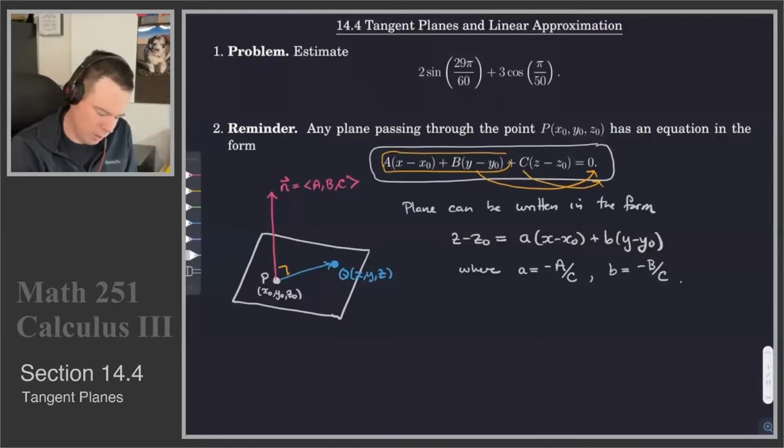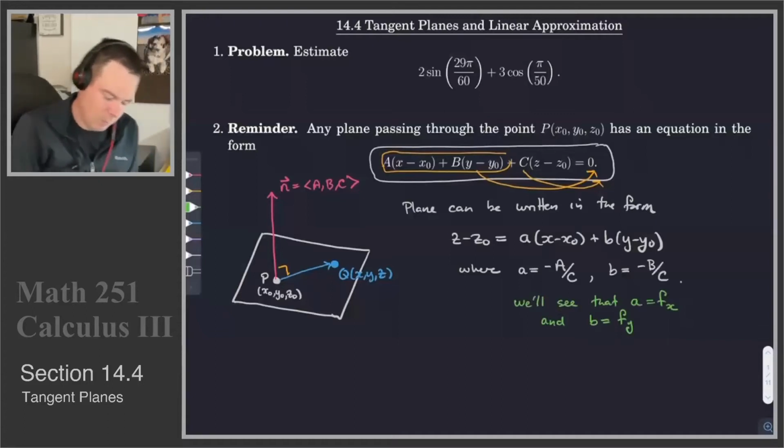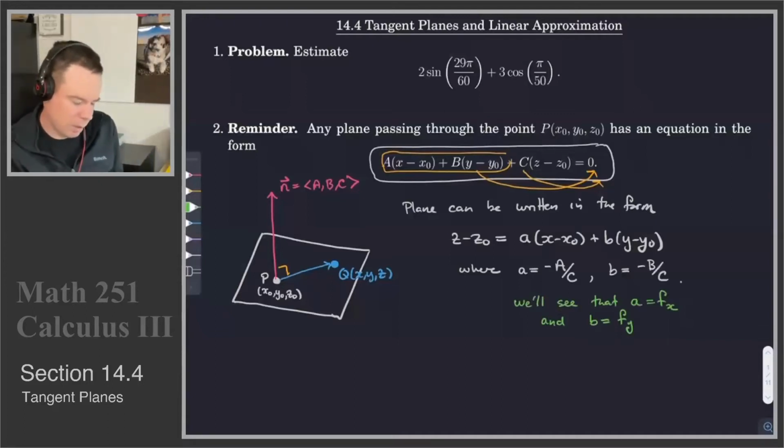We'll see that a is equal to the x partial derivative and b is equal to the y partial derivative. So that's where the partial derivatives are going to come into play.